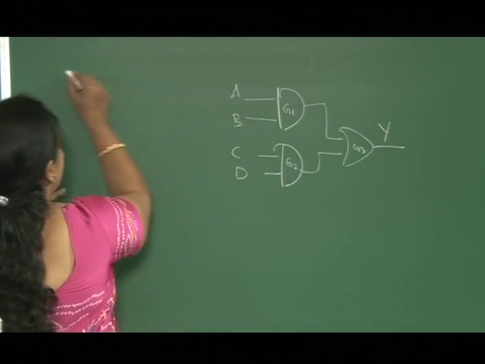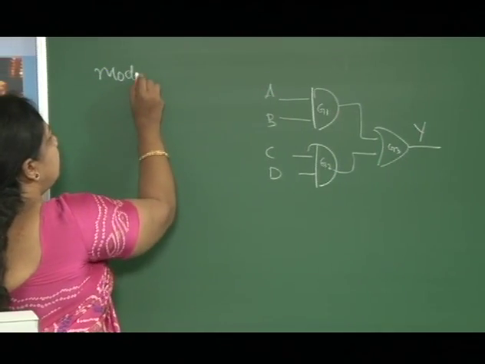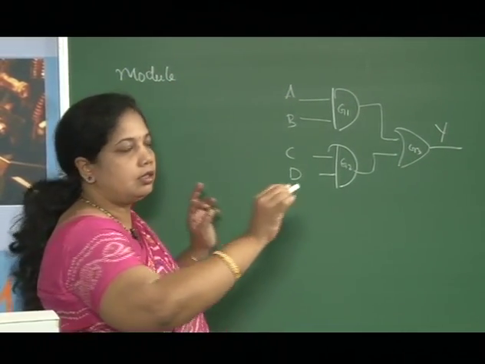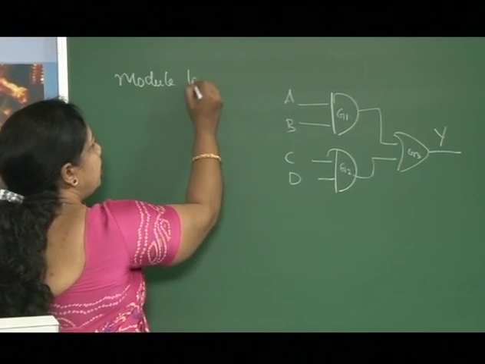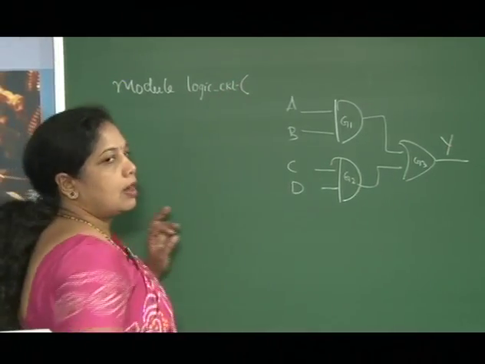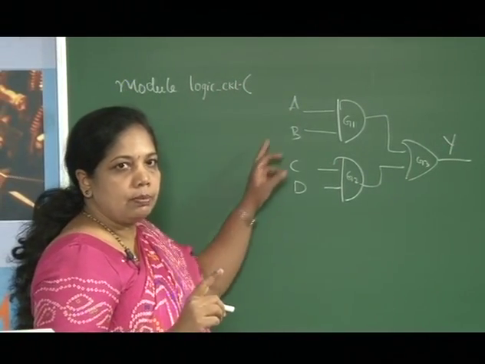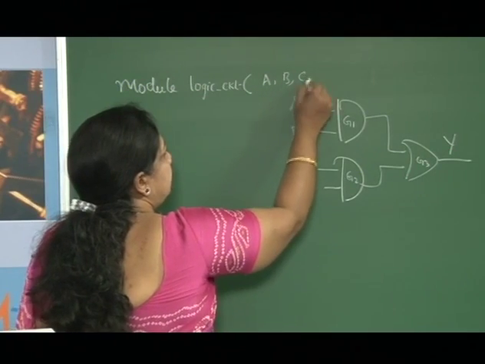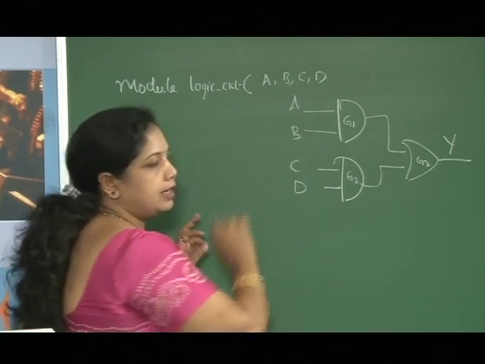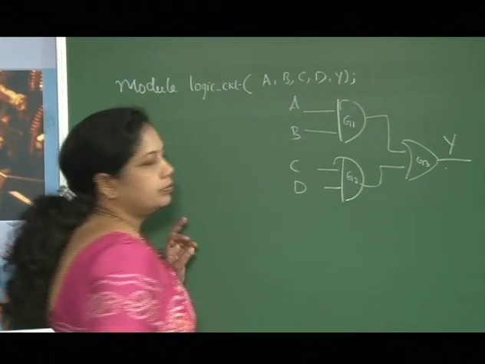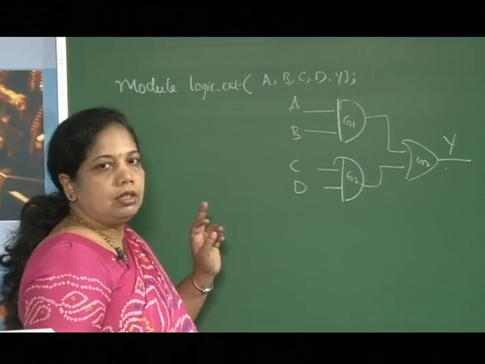As I said, I am going to start with the module. I am going to write the module name as logic underscore circuit. Now I am going to list the possible inputs. The available inputs are A, B, C, D, and I have only one output. This is the data declaration.